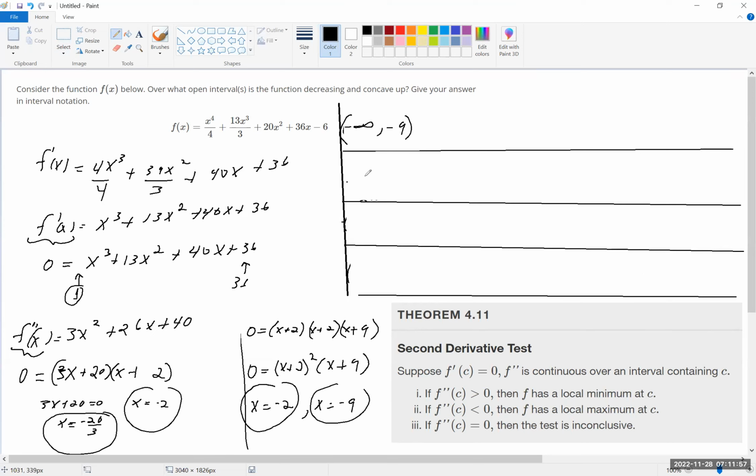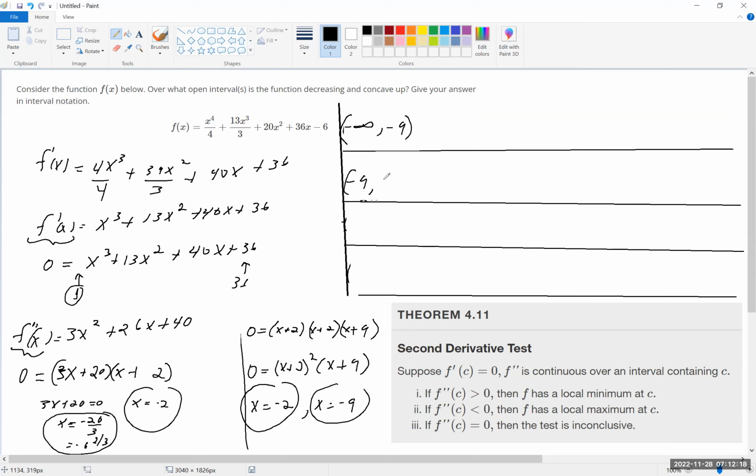And then we're going to go from -9. And then it turns out that -23 is the same as -6 2/3, so it helps to know that that's the next one here.